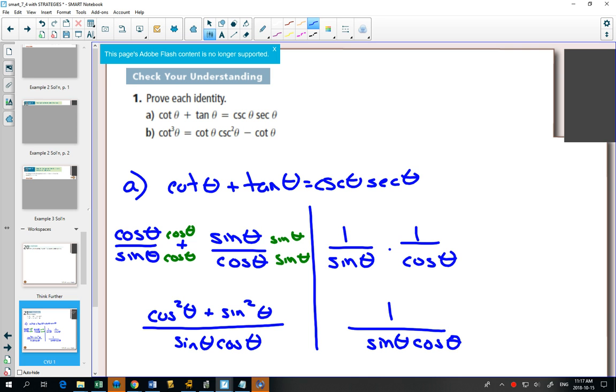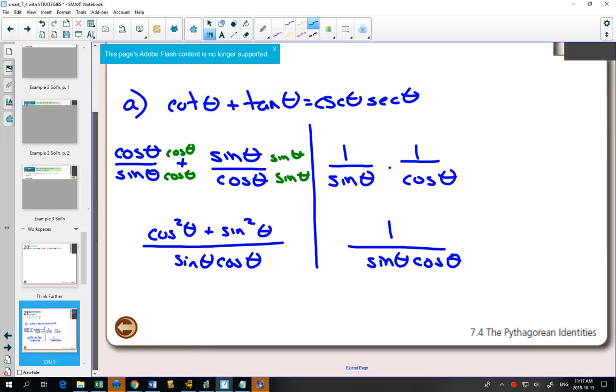We're getting closer. Now we have a single fraction on both sides. And up till now, almost all of our proofs would be done, but this one's not quite equal. But do you notice that your denominators are the same? Is there anything you can change your numerator to? Yes. Here's the big idea. Here's the first Pythagorean identity. Sine squared plus cos squared is equal to 1.